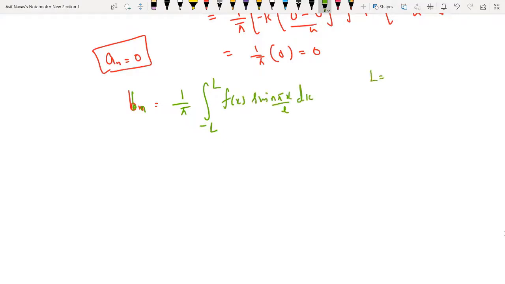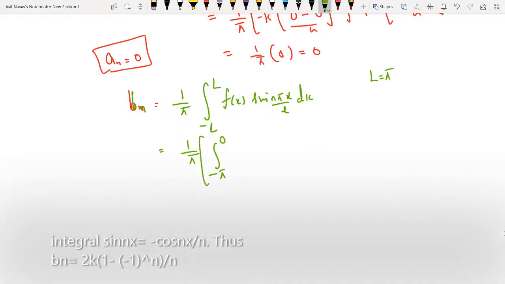So L is pi here, therefore 1 by pi integral minus pi to 0, we want to split up, minus k sin n pi x by pi, that is sin nx, plus integral 0 to pi k sin nx dx. This is dx.